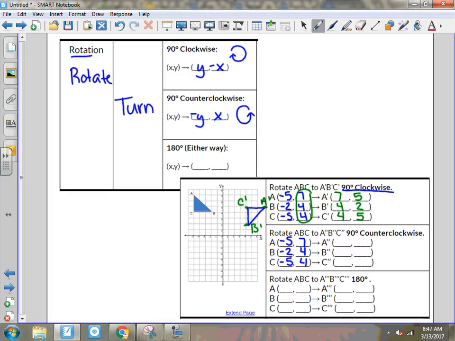So again, I'm going to switch those spots. So I'm going to use 7 and 5. And remember, this time my y is going to turn to the negative.